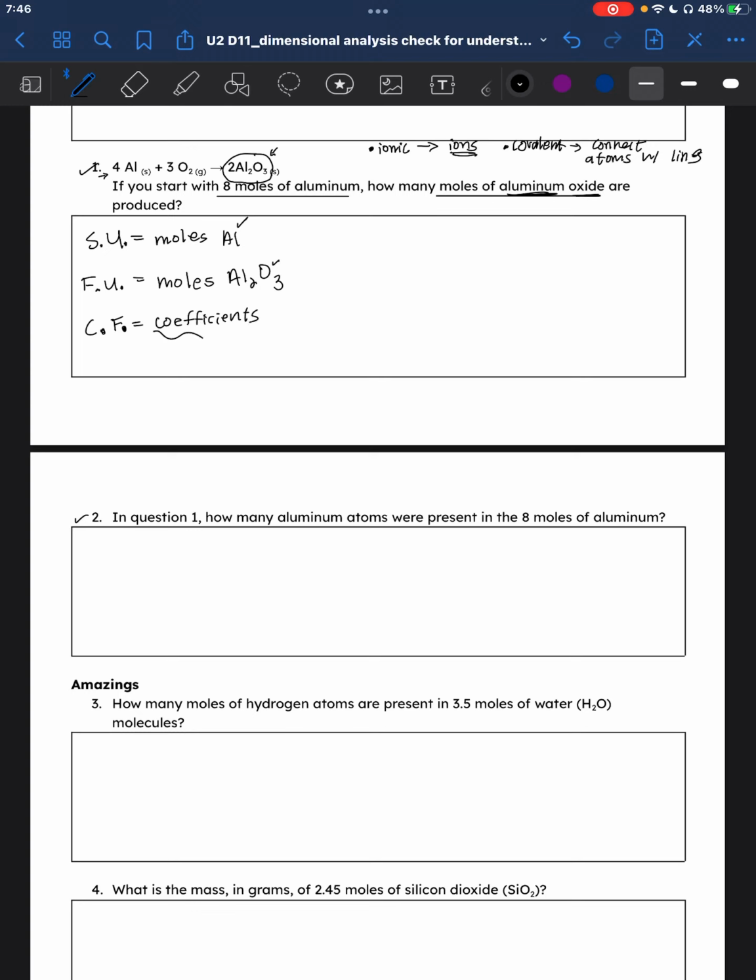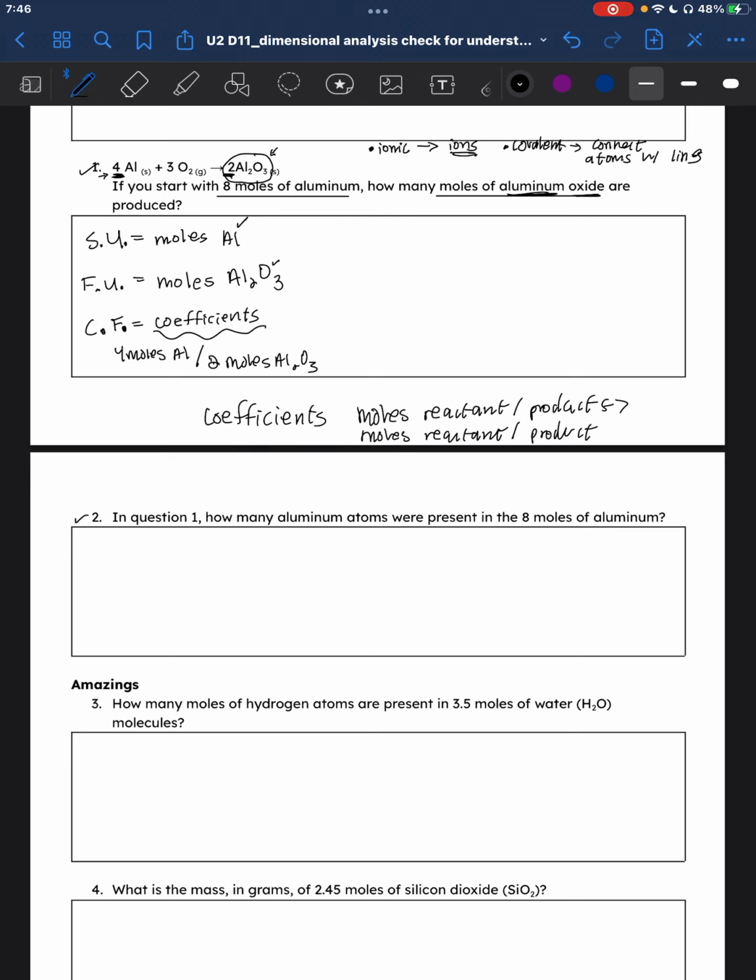All right, so I know for every 4 moles of aluminum, I have 2 moles of aluminum oxide. Coefficients convert between moles of one reactant or product to moles of another reactant or product.